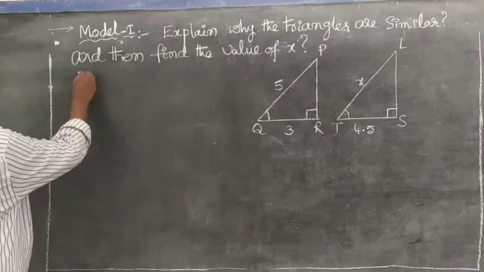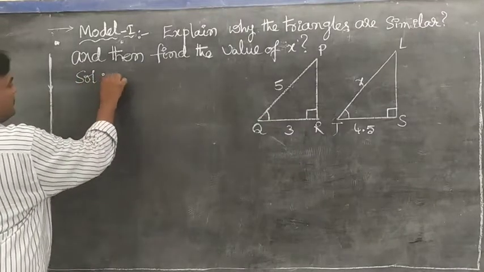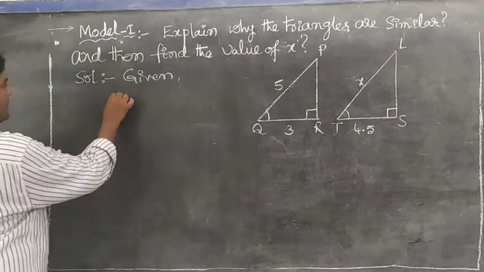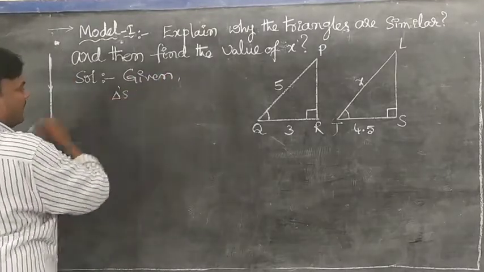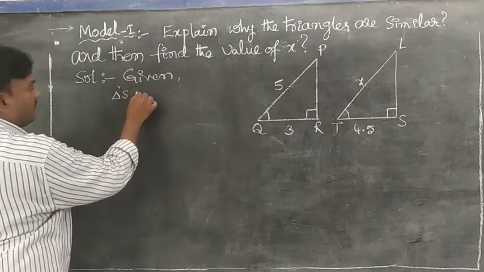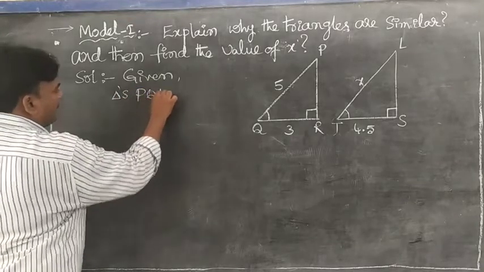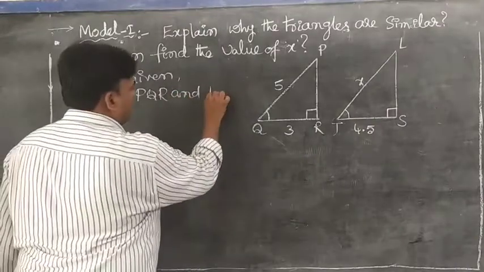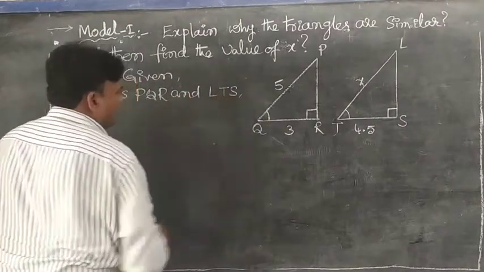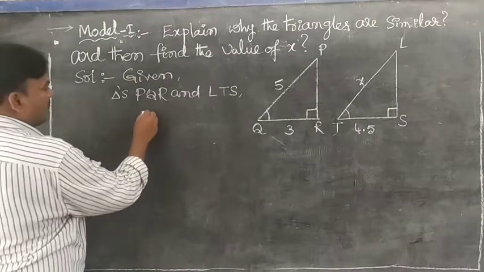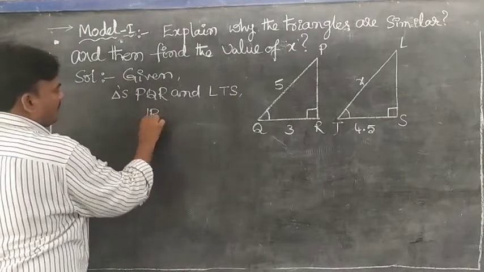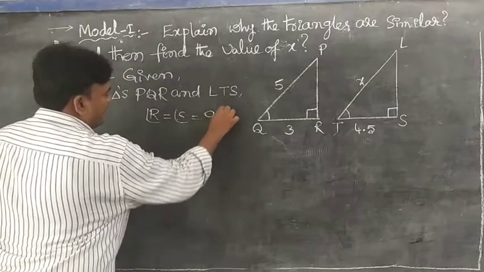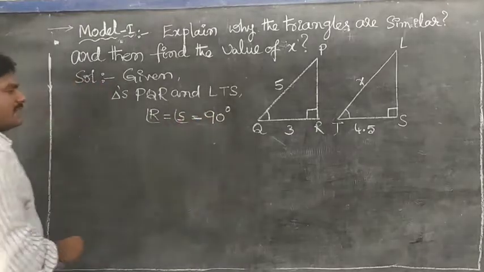So, solution given: triangle PQR and triangle LTS. So observe here, angle R equals angle S equals 90 degrees. Right. Next one.